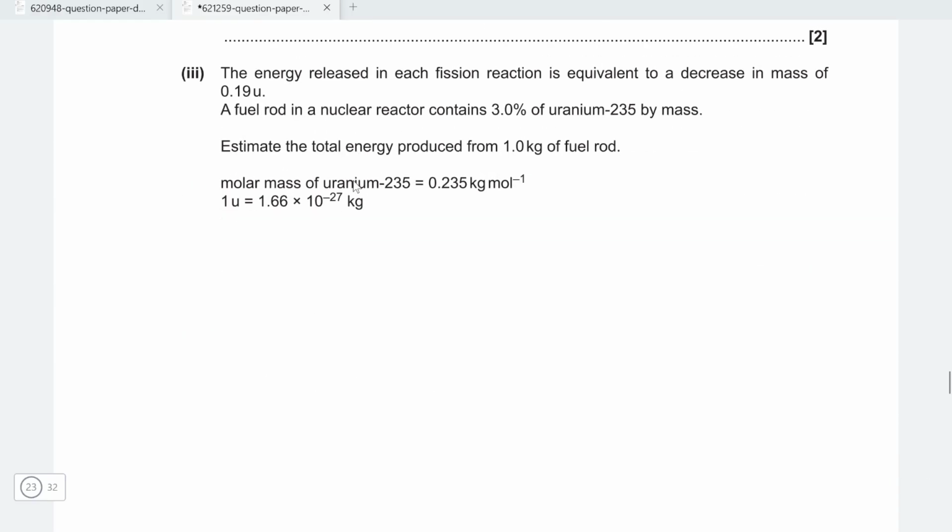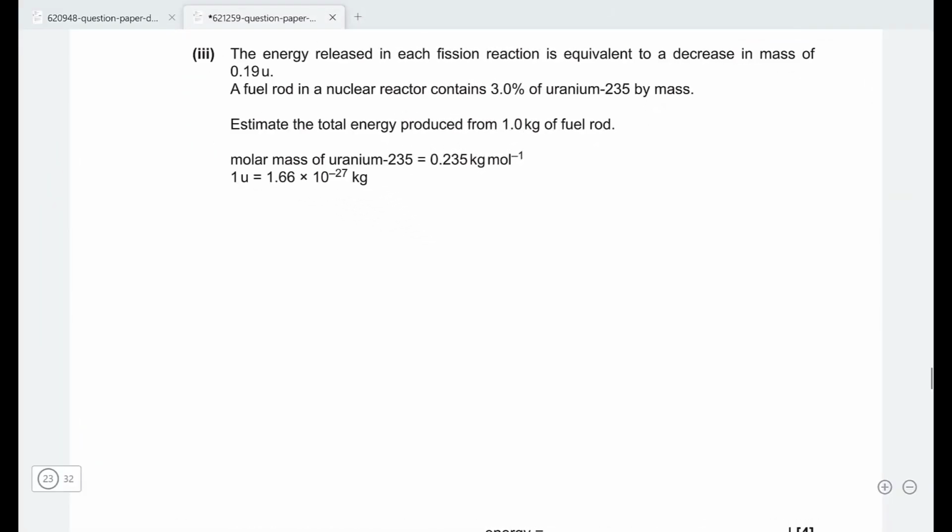Okay, part 3, which is an application of essentially Einstein's energy equivalence principle. The energy released in each fission reaction is equivalent to a decrease in mass of 0.19 u. Let's calculate. This is essentially our delta M. We can calculate our delta M by simply converting that to kilograms.